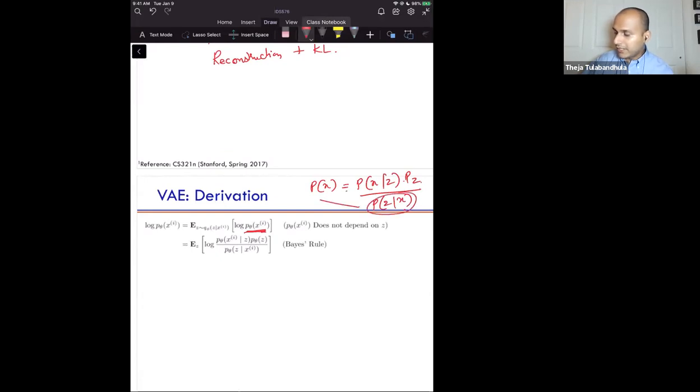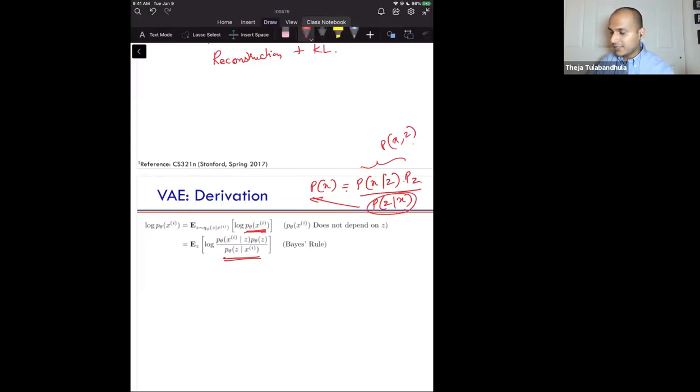This is equal to P of X comma Z. So this is just a manipulation of P theta of X into a term involving three terms, 2 terms in the numerator and 1 term in the denominator.